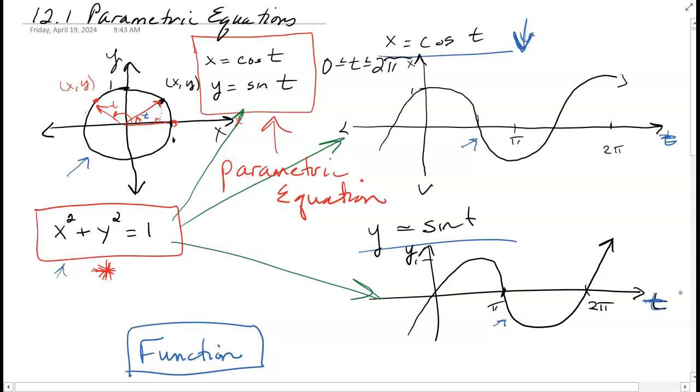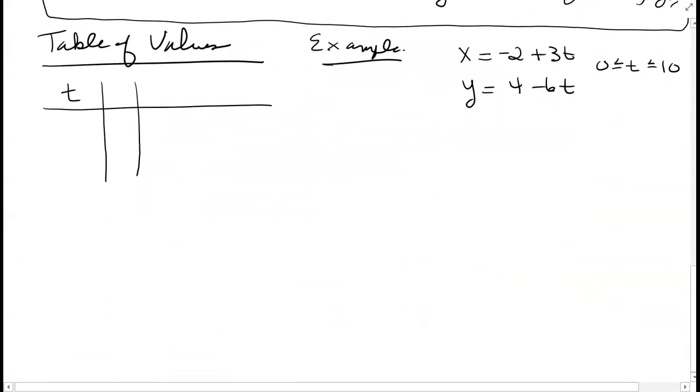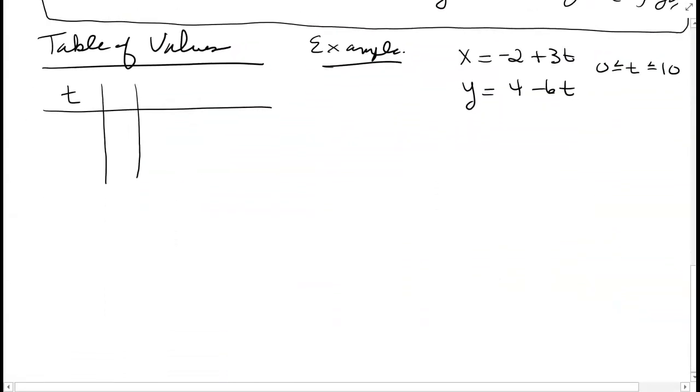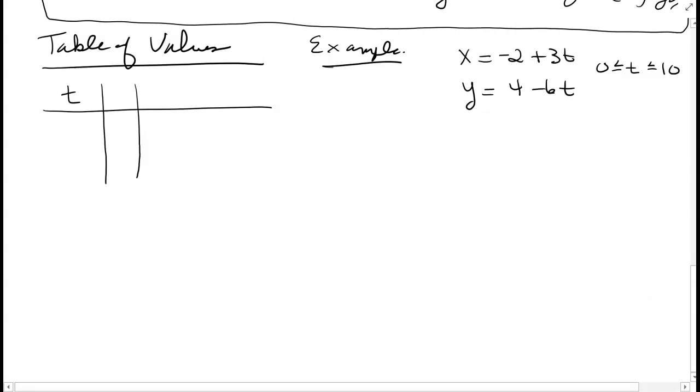Your independent variable is always along your horizontal axis. And notice what we did. We put both x on one and y on the other on our vertical axis. So when you move to parametrics, x and y become dependent variables of t. That's an important thing to remember.